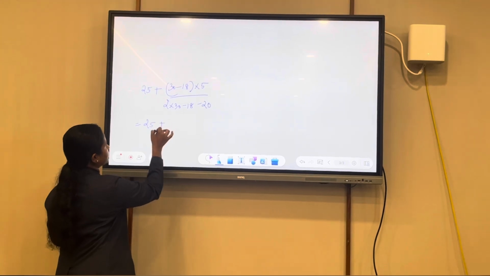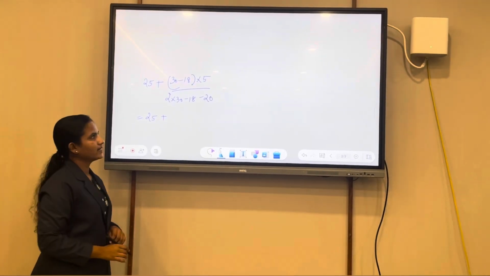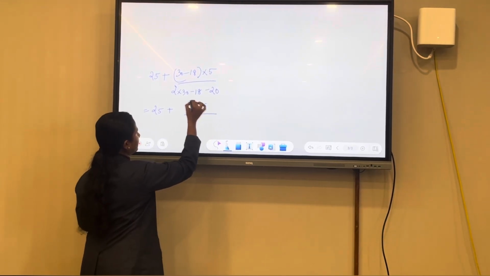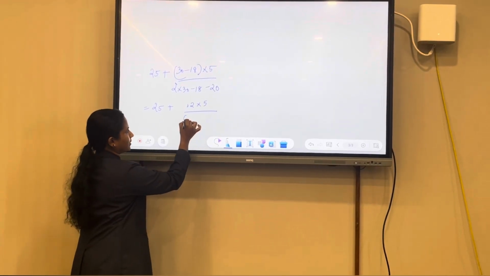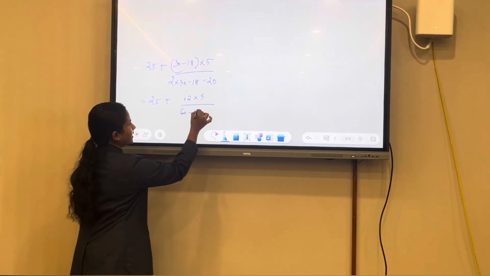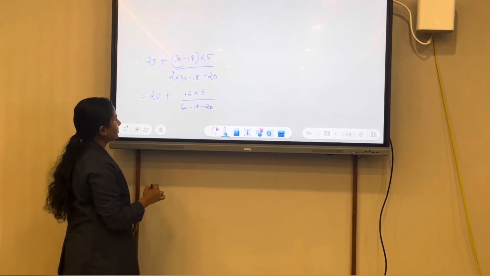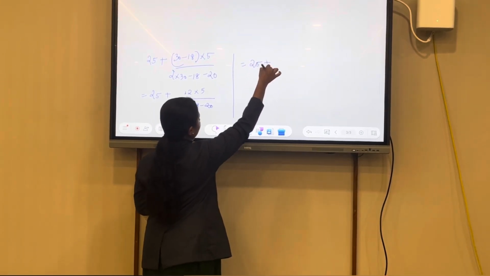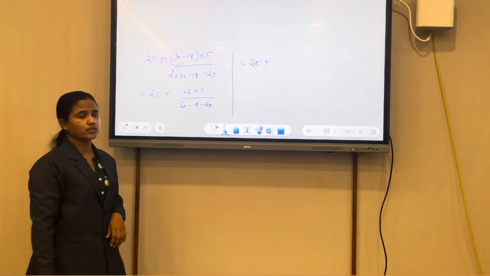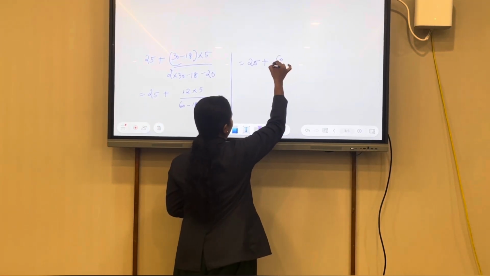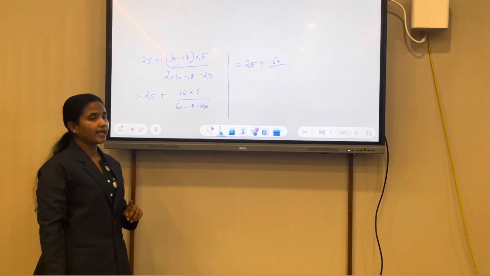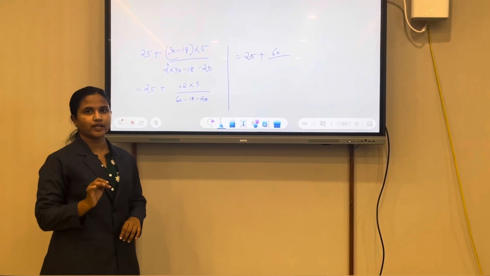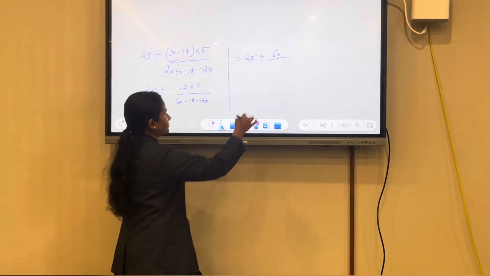25 plus 30 minus 18 is equal to 12, into 5, divided by 2 into 30, 60, minus 18 minus 20, which is equal to 25 plus 12 into 5. 12 into 5 is equal to 60, divided by 60 minus 18 is equal to 42, 42 minus 20 is equal to 22.